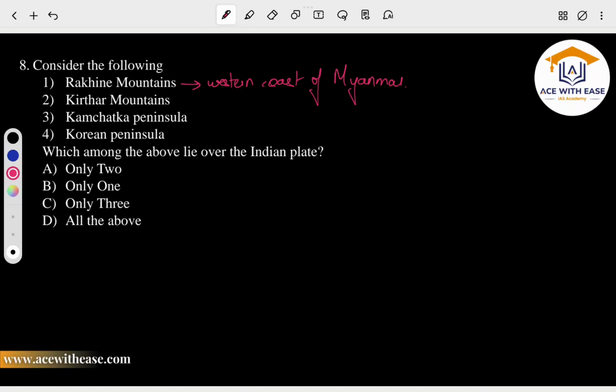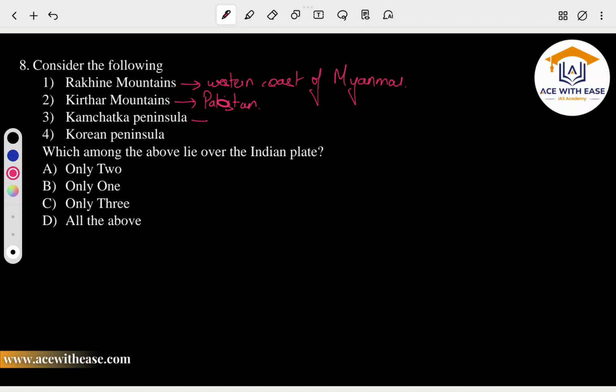And we have the Kirthar mountains. The Kirthar mountains are located in the Pakistan region, and it is also a part of the Indian plate. Then we have the Kamchatka Peninsula.